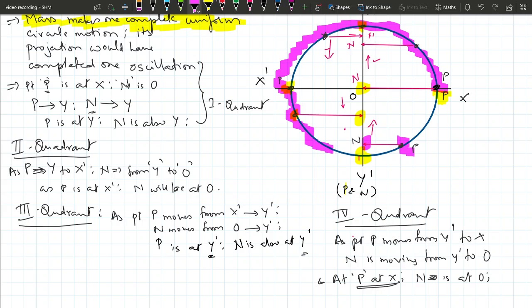The projection will move from origin, go to the point Y, after that come back to the origin, and from origin go in the negative direction and come back. So therefore, it makes to and fro motion. Okay?